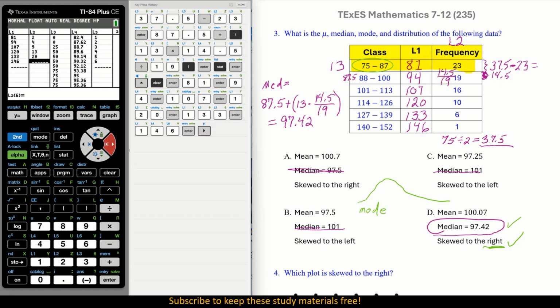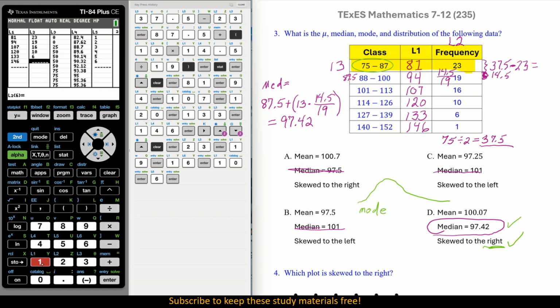Okay, then we can pop over. I'm going to clear that out just so I can see it a little better. So now we need to put in our frequency. It's 23, 19, 16, and the 10, 6, and 1. And that looks correct.